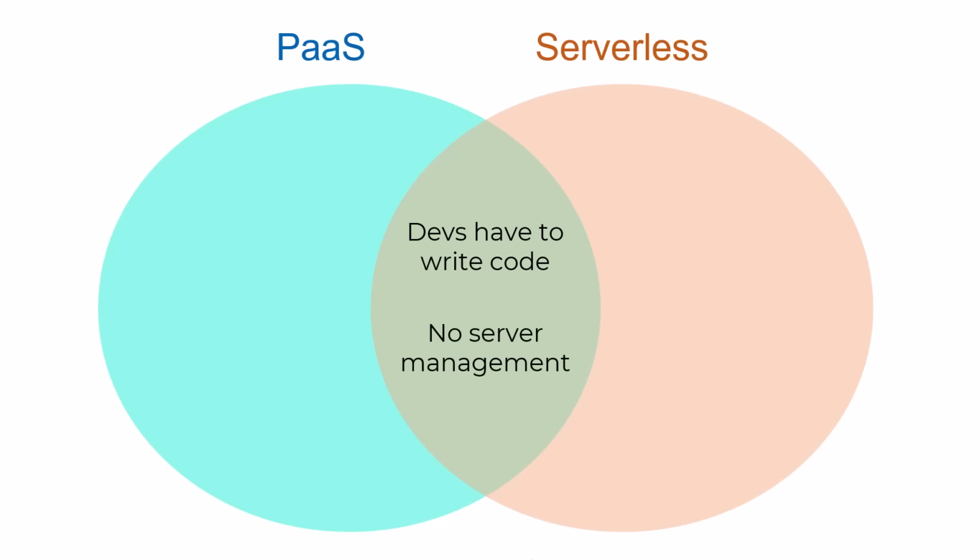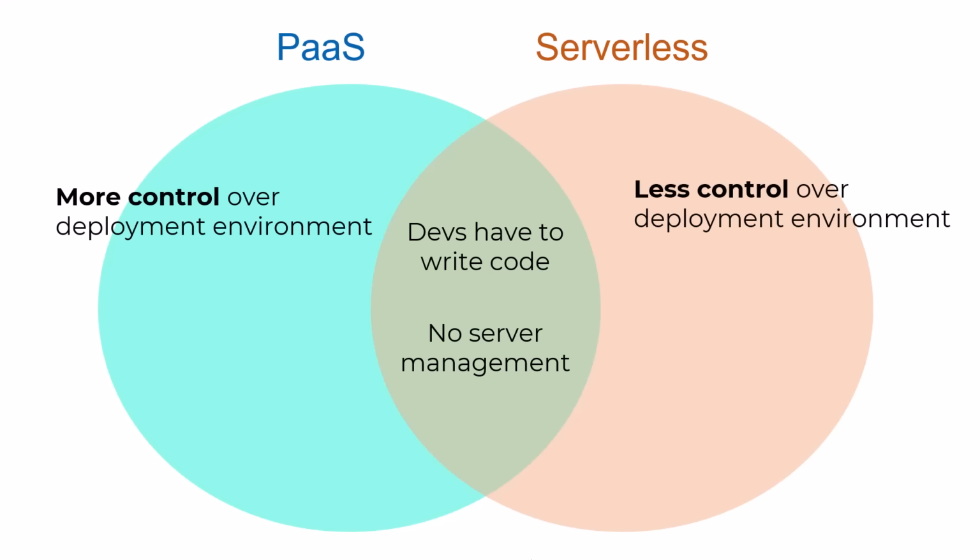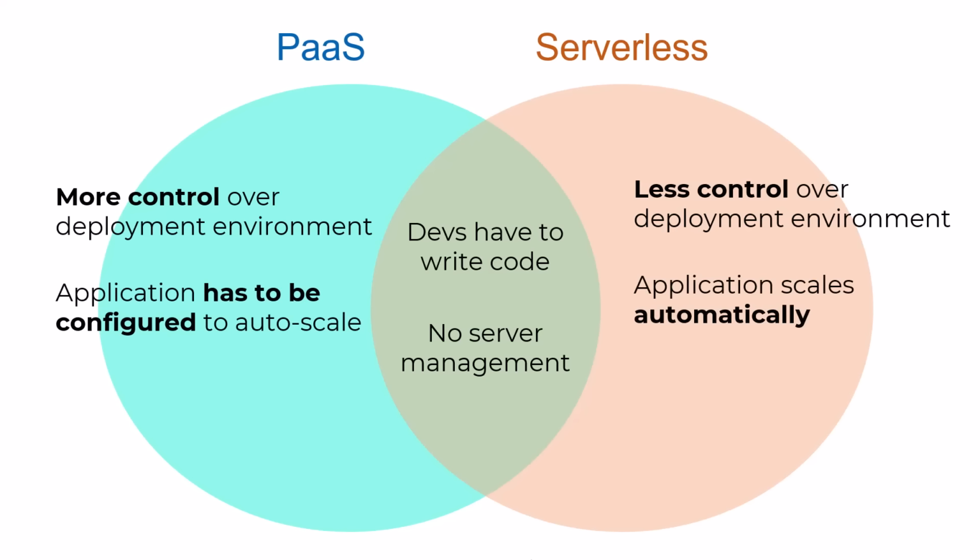And there's no server management, really. That tier is managed by the cloud service provider. But how are they different? Well, in the PaaS environment, you have more control over deployment. In serverless, you have less control over deployment. On the PaaS side, the application has to be configured to auto-scale, where on the serverless side, the application scales automatically.